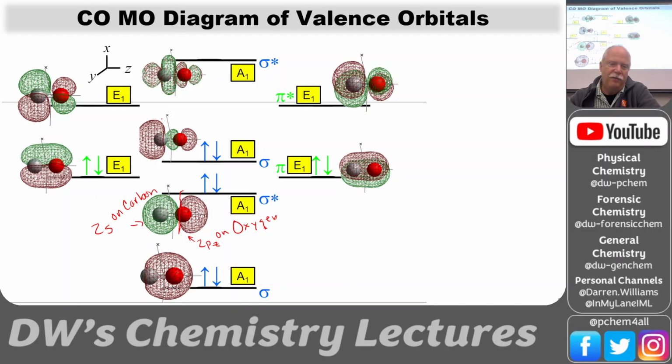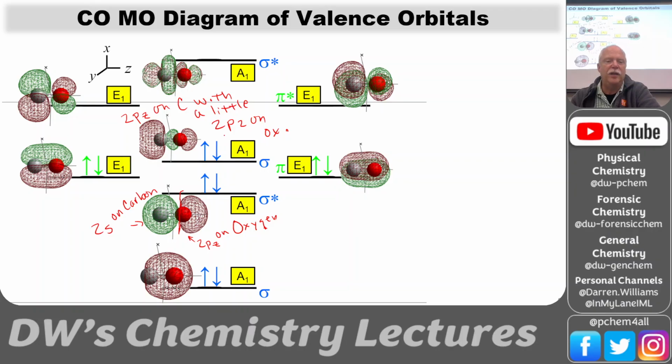So now we have, major 2pZ. So this is a lot of 2pZ on the carbon with a little 2pZ on the oxygen.